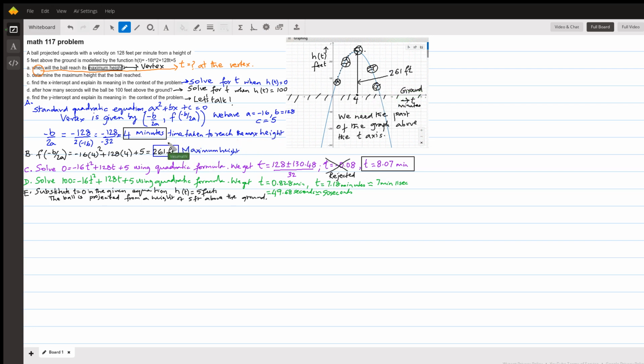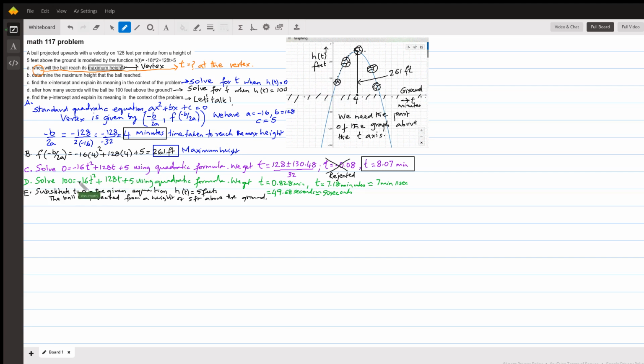Now part C is find the x-intercept and explain its meaning in the context of the problem. The x-intercept is the value of the x coordinate when the value of the y coordinate is 0. That means when h(t) equals 0, when the height is 0, we have to solve for t.